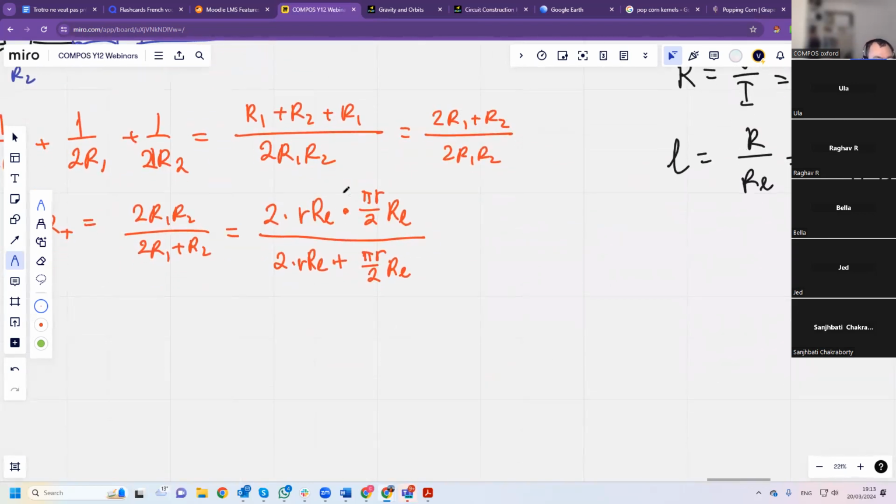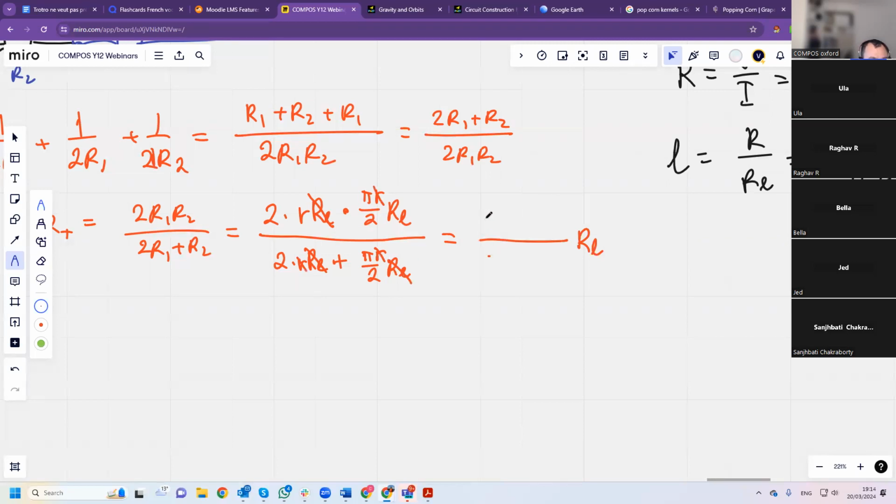Okay, so one of the RLs cancels, and one of the small r's cancels.